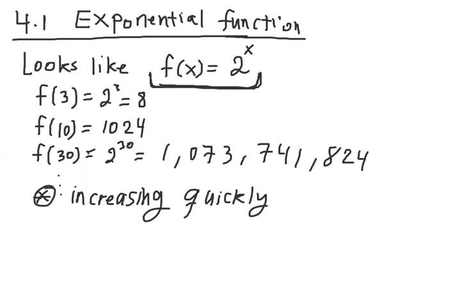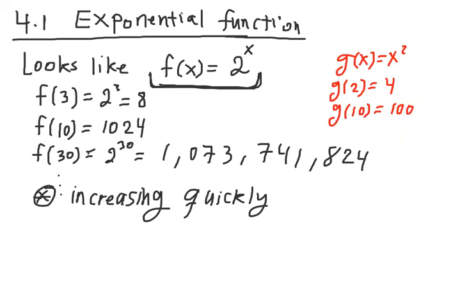Different from the polynomial function. For example, if I take g of x equal x squared, this function is not increasing quickly. If I take g of 2, it gives me 4. g of 10 gives me 100.